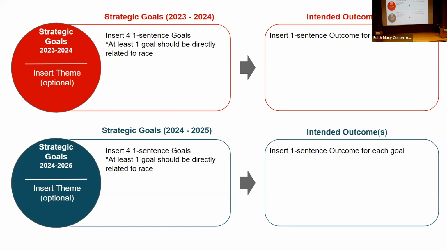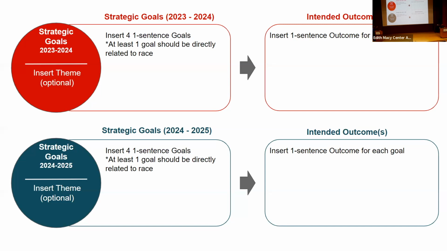So we suggest 1-sentence goals and a 1-sentence outcome, focusing on the red part just for 2023, 2024. Again, to clarify, we're asking you to do this more fully after we leave here. We already have the template set up for 4 goals for this year, and a second set of documents for next year. But for today, we're focusing on 1 goal and 1 outcome so that you can think more deeply about it.